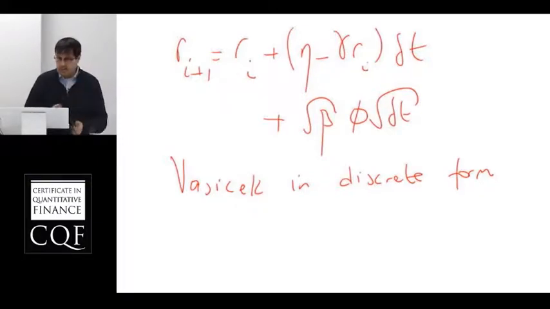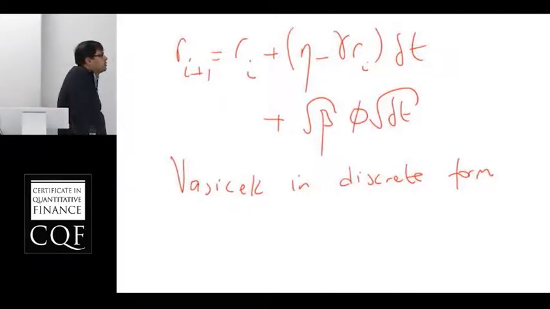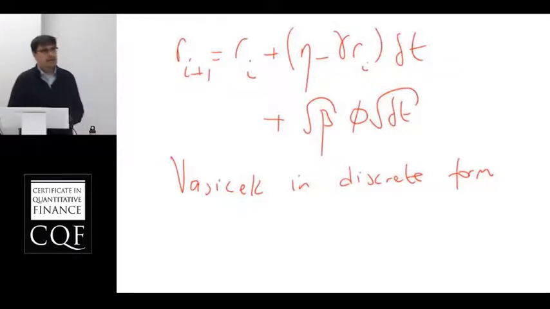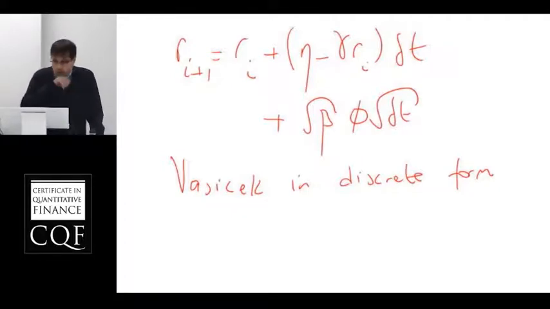Now, if you want an insight into the dynamics of any stochastic differential equation or the dynamics of an asset price, you can do it by switching the randomness off. It does actually tell you quite a lot about what's happening.